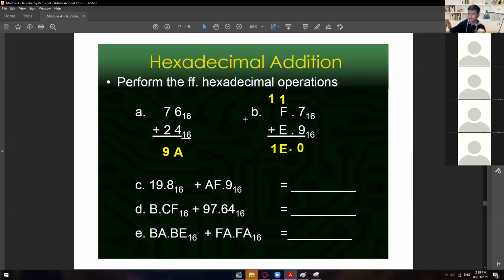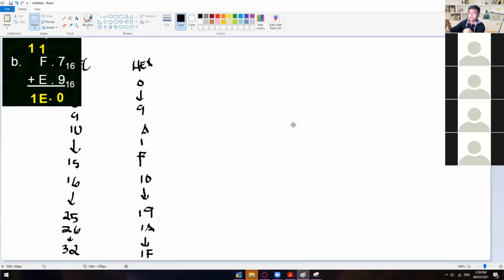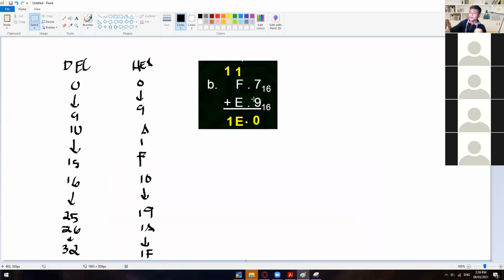to solving hexadecimal addition. So like, for example, 7 plus 9 is 16. So 16 is equal to 10. All right, so carry 1, bring down 0.